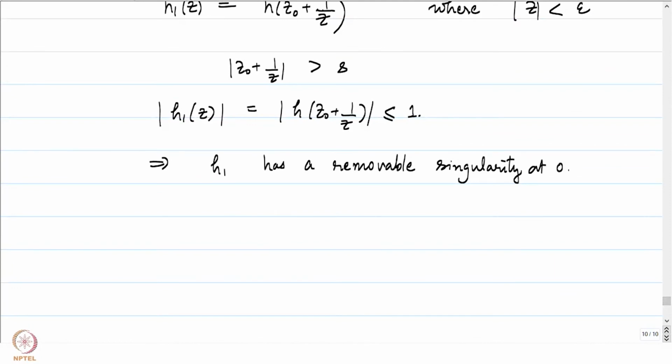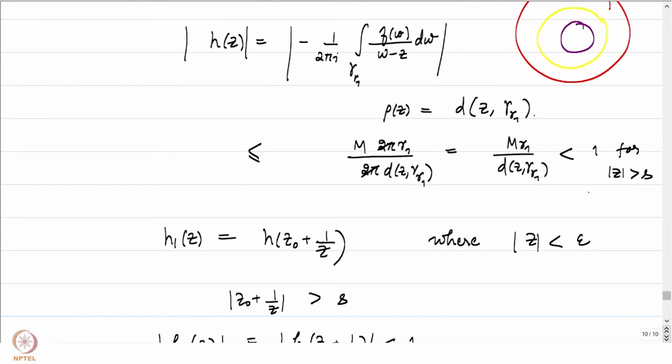At 0. That means that h1 of z can be written as summation b n z to the power n, where n goes from 0 to infinity. In fact, notice that as the absolute value of z goes to infinity, d of z comma gamma r2 is going to be smaller and smaller.